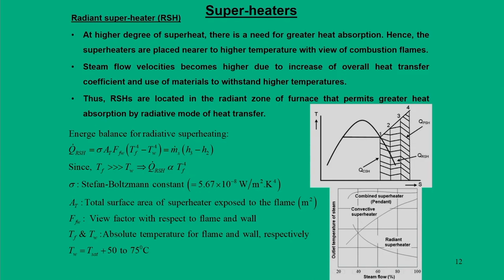Now, the same philosophy can be extended for the radiant superheater type, but for the radiant superheater we have to use the equation for radiation, that is sigma A T times Fw into Tf to the power 4 minus Tw to the power 4.